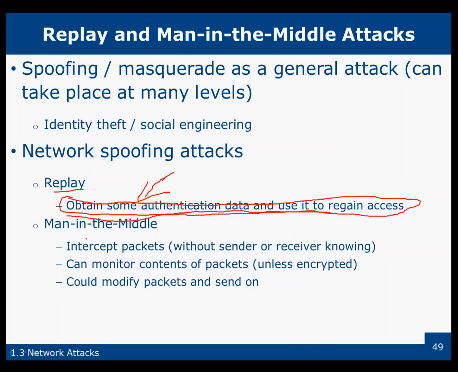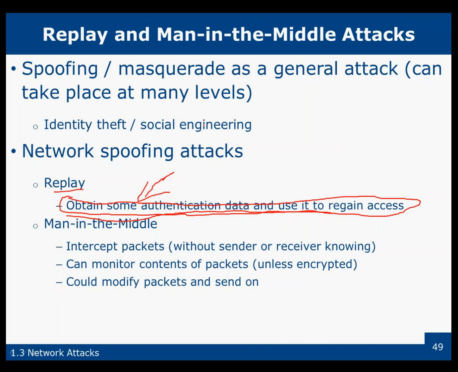And then the man-in-the-middle attacks, we're going to intercept packets without the sender or receiver knowing, can monitor the contents, and then we can modify the packets and send them on. What we're going to do is use something like an ARP attack, tell all the machines on that collision domain that our MAC address is the default gateway.